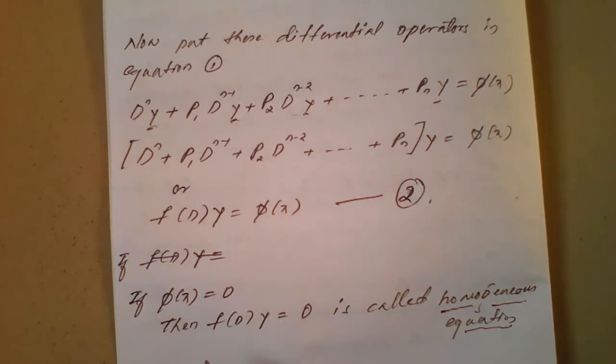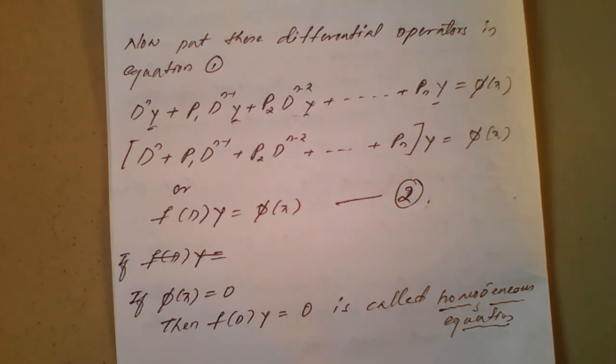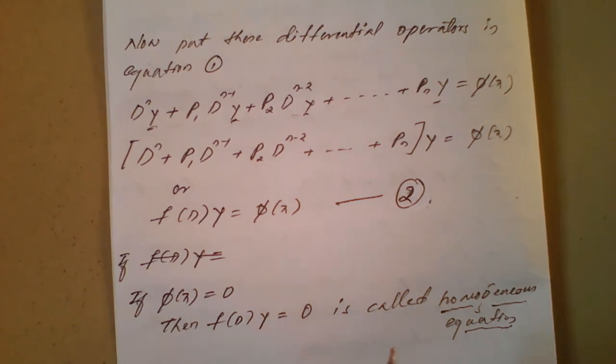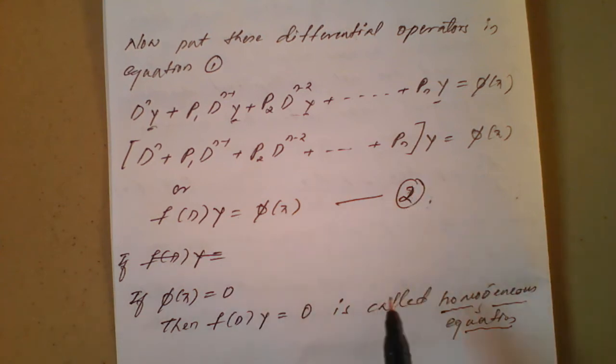If phi of x is not equal to 0, meaning it takes any other function of x, they are called non-homogeneous equations. In our syllabus we'll see both kinds of equations, and for these differential equations we are going to find the solution, which we call the complete solution or general solution.